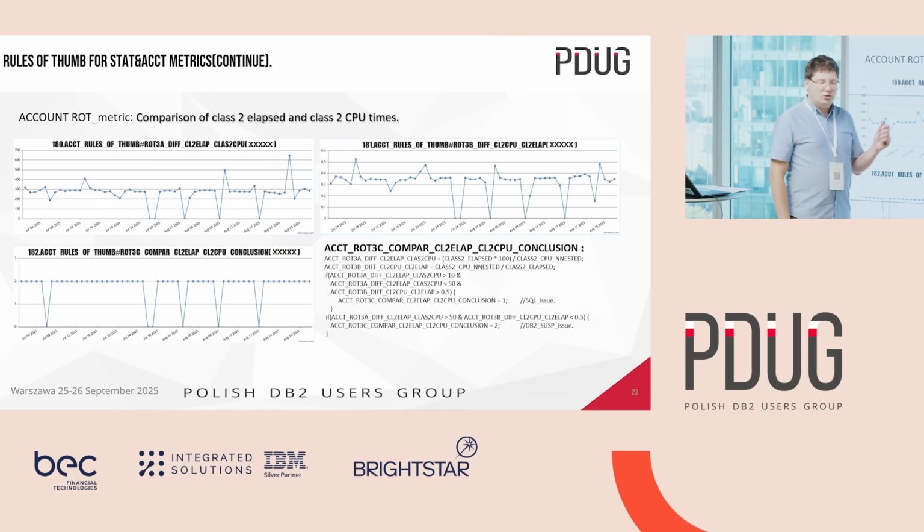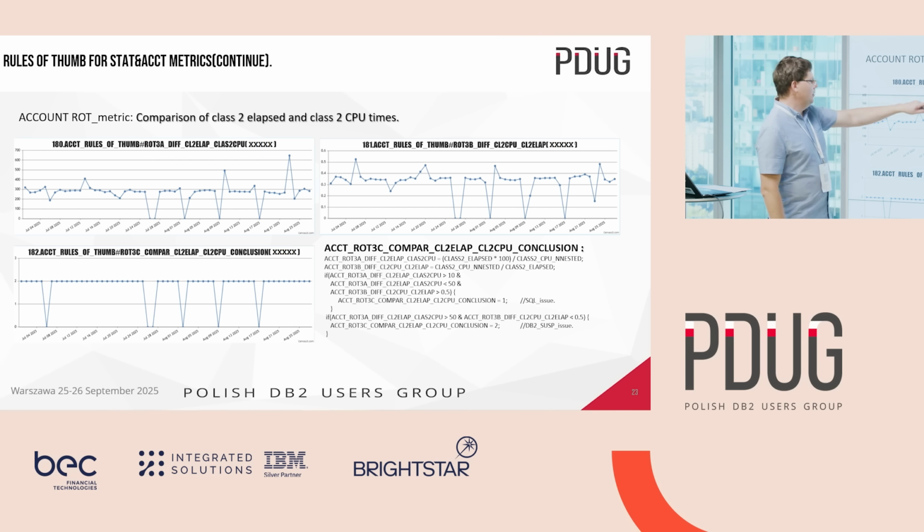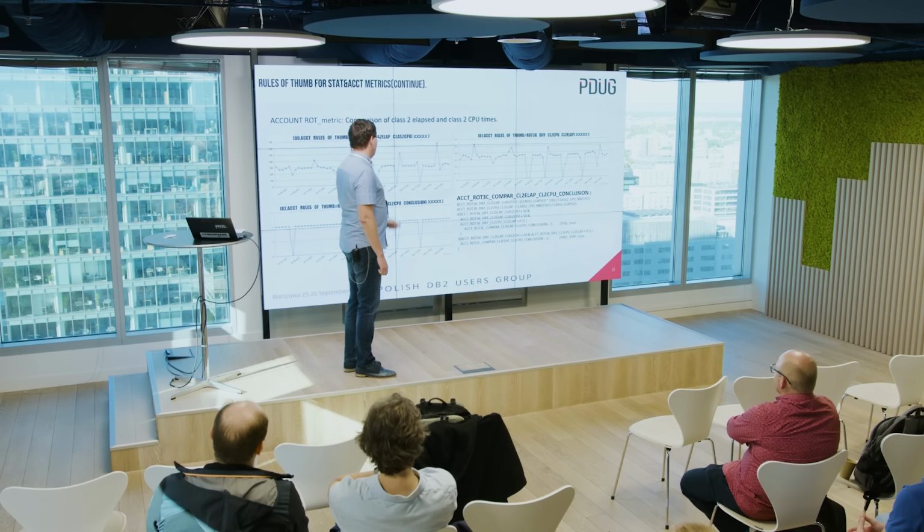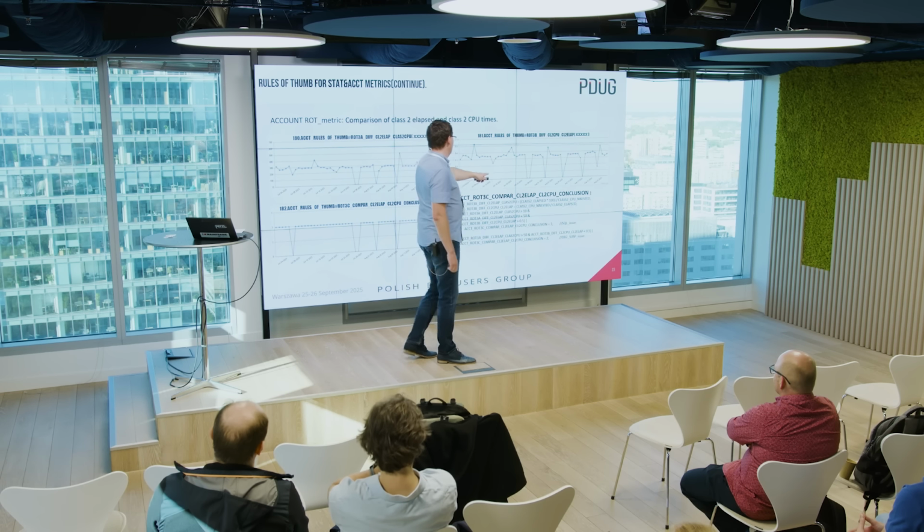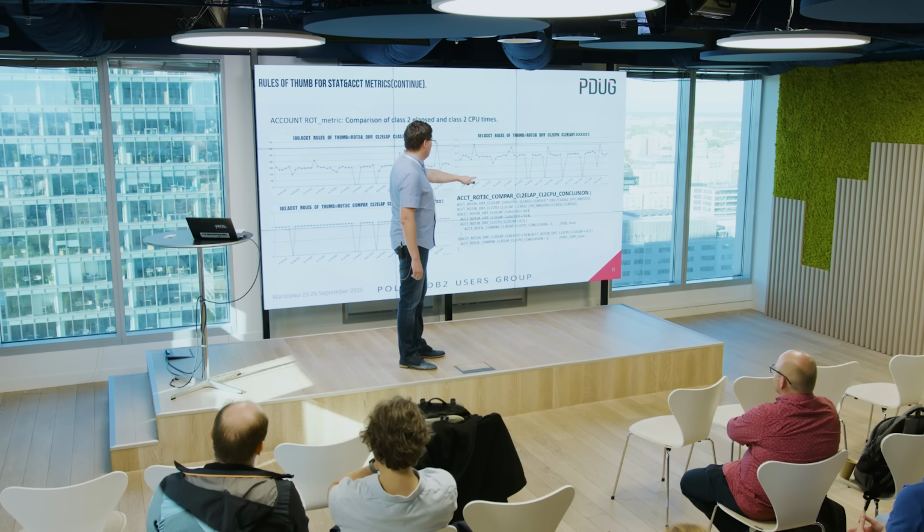Also, like in the previous slide, we have A, B, C charts. A is calculated like class 2 elapsed time multiplied by 100, divided by class 2 CPU, not nested, without functions, stored procedures, and others.